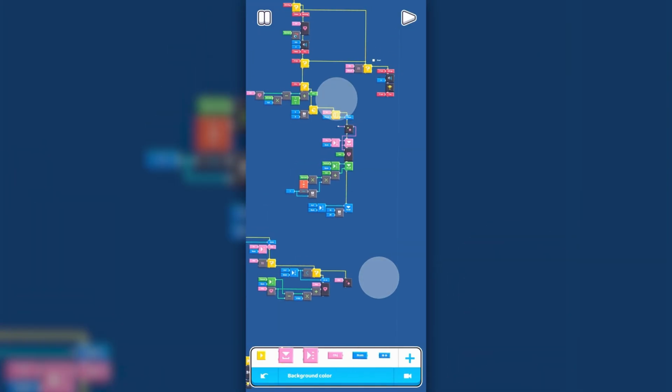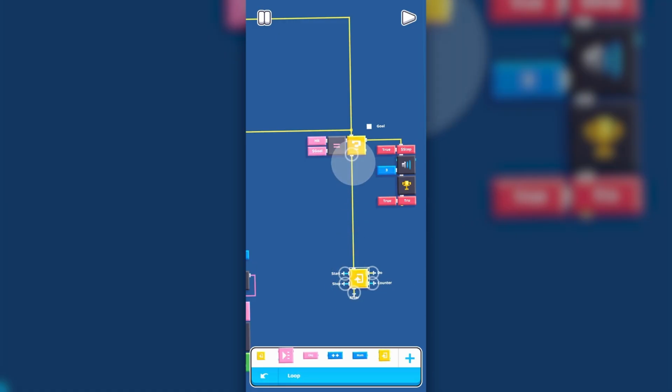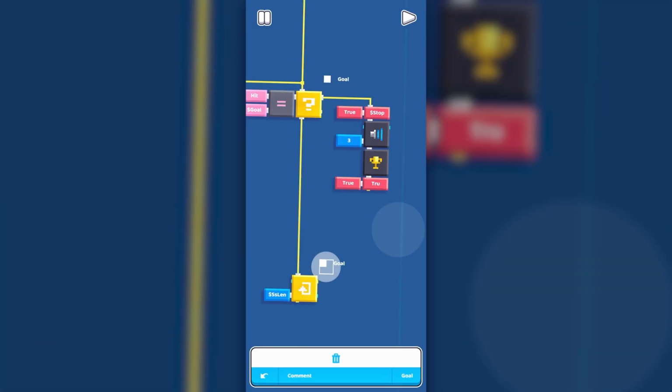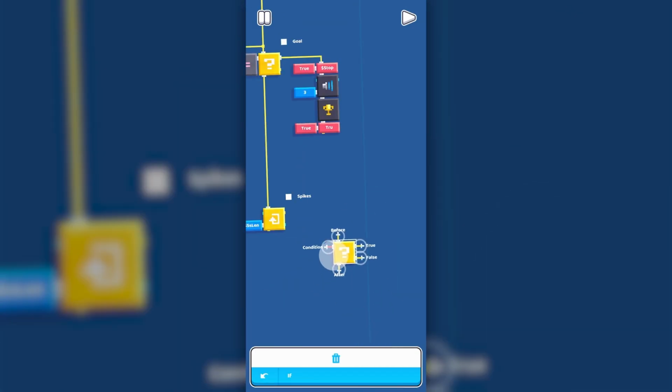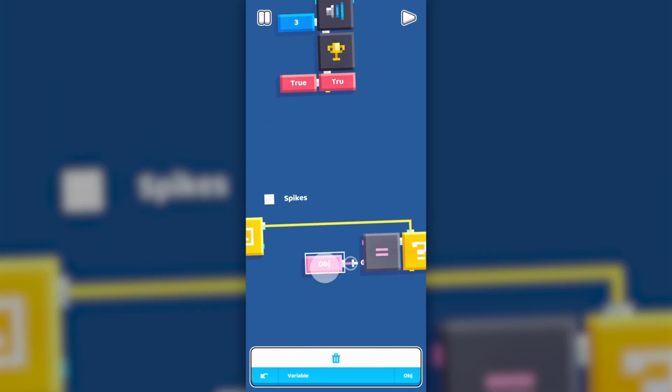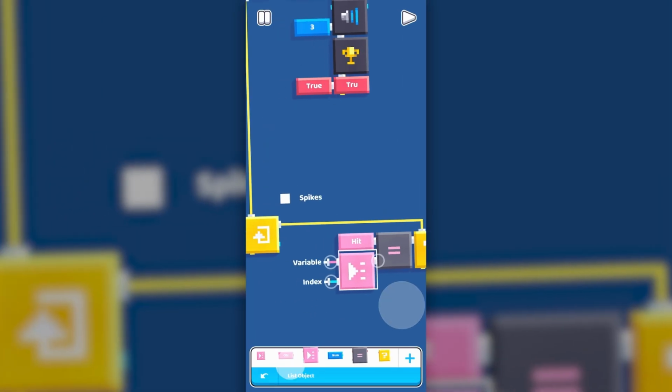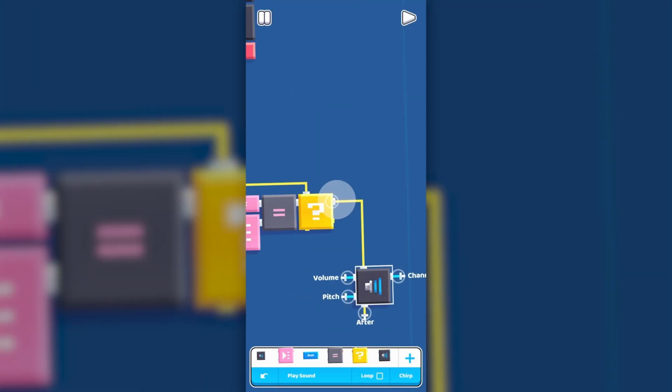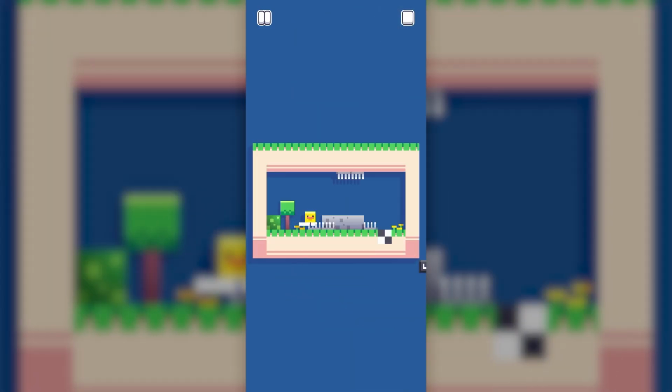After that, let's go back to the collision script and loop through all of the spikes. We then check if the hit object matches with one of those items. Let's play a noise if it does, and it does.